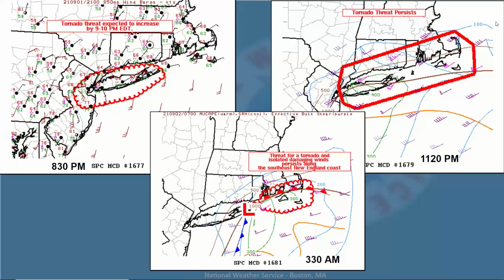And this was from that night, the various mesoscale discussions being issued. So initially the concern was over Long Island and New York City, and eventually as the warm front lifted north, that threat migrated into our area, and you can see 11:20 p.m. and 3:30 a.m. And sure enough, the tornado formed right along the nose of the warm front.